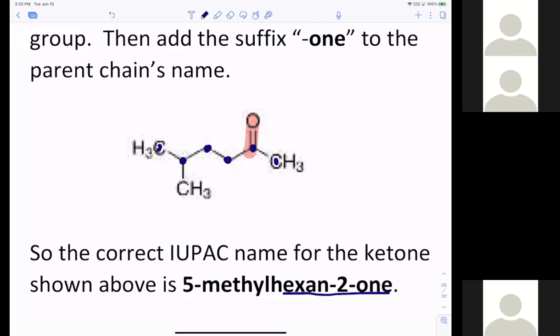So you have to tell me which one. So hexan-2-one. And then once you're counting from that end, second carbon, you count from that same end and say there's a methyl branch on the 5th carbon. So 5-methylhexan-2-one. Logical? Any questions about that name?